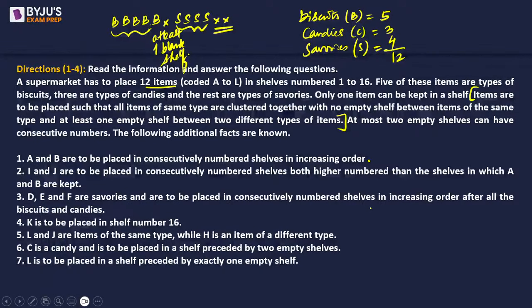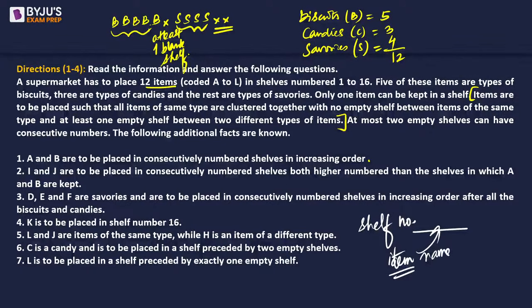Having read a few of these statements and having solved similar questions before, we know that there are 2 attributes here. The first attribute is shelf number, and in that shelf number, it's about which item we are placing, right? Now, the item has got a name and then the item has got the type.